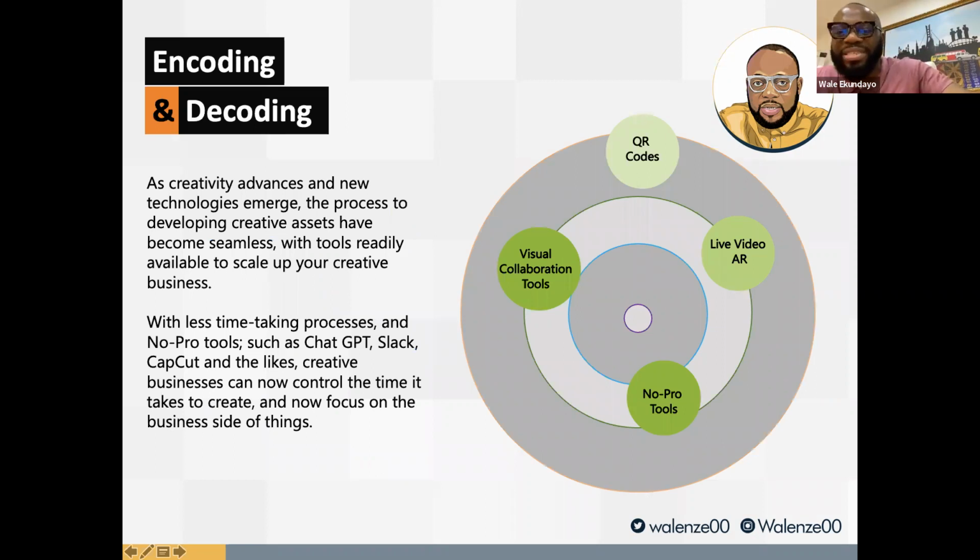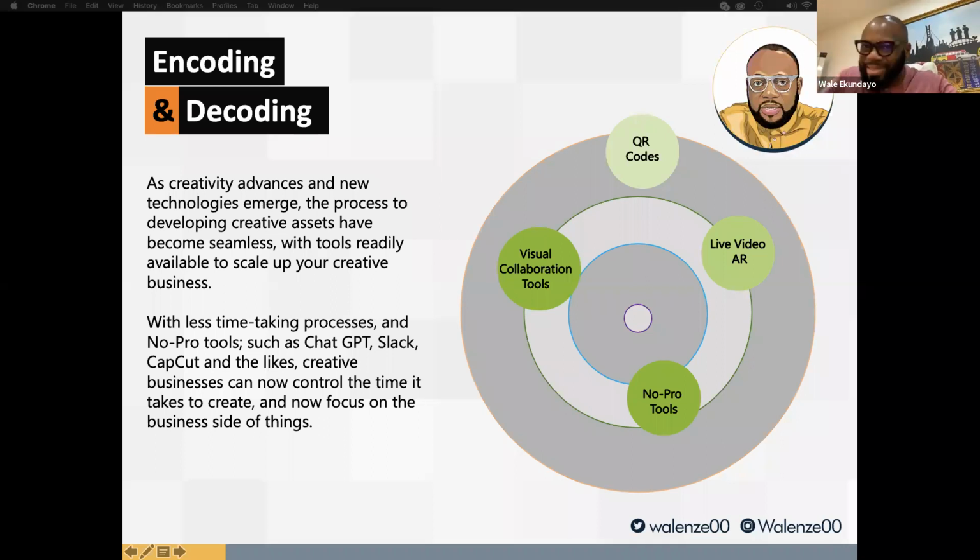As creativity advances and new technologies emerge, the process of developing creative assets has become seamless and very essential. You've got to begin to think about how to have creative assets. These are critical to the next phase of our lives, with tools readily available to scale up your creative business, with less time-consuming processes and no pro tools.